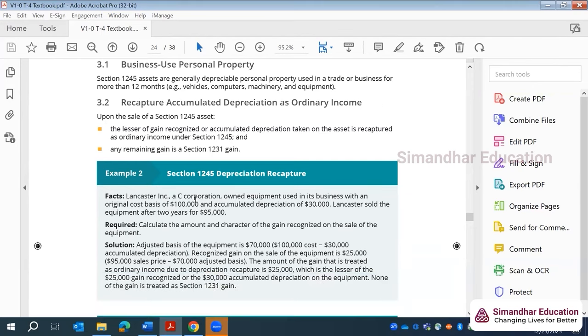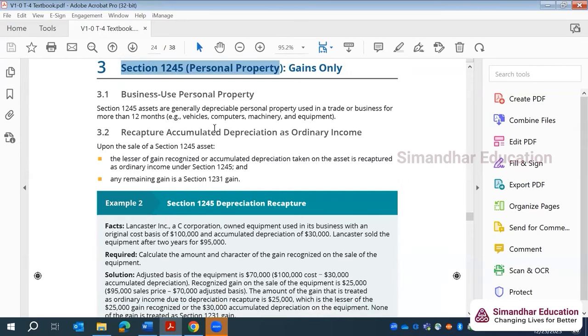All right. Now, your recapture is usually the lesser of the gain recognized or accumulated depreciation. The easy way to remember this concept is to look at the actual purchase price of the asset.